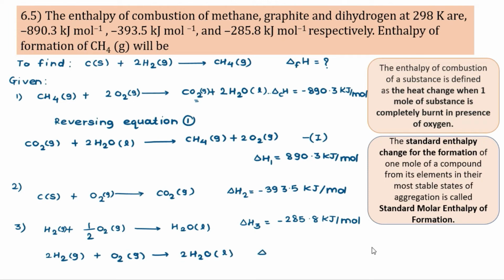And this newly formed delta H is equal to 2 into minus 285.8. If I multiply this quantity, then I will get delta H, that is change in enthalpy, equal to minus 571.6 kilojoule per mole. Correct. So consider the second equation as equation number 2 and this third equation as equation number 3.